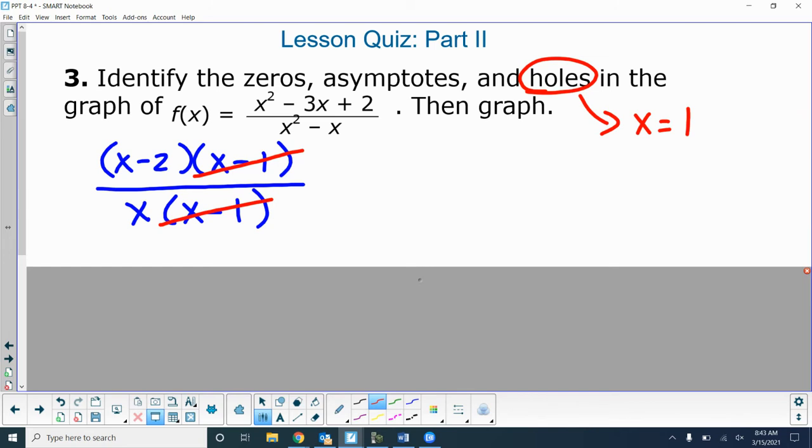So what's my 0 now? +2, right? The zeros are what makes the numerator 0.